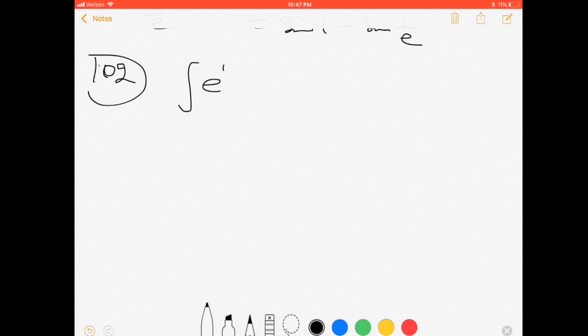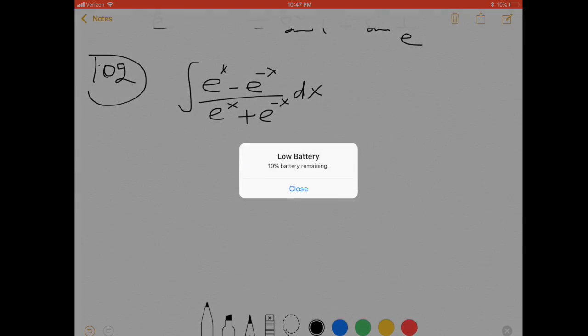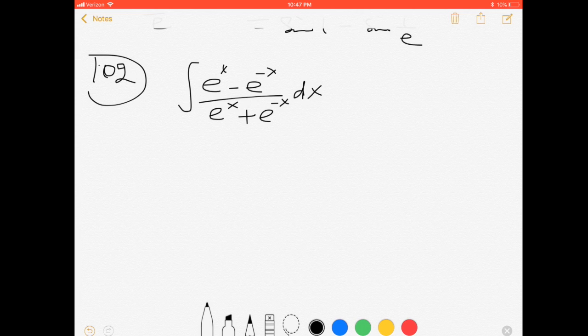The integral of e to the x power minus e to the negative x power, divided by e to the x power plus e to the negative x power, dx. I think you can say easy substitution. It will be e to the x plus e to the negative x.